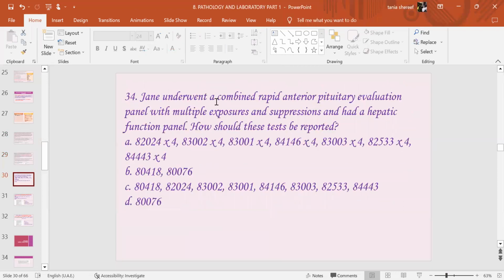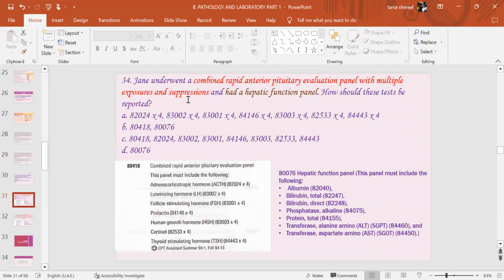Now, Jane underwent a combined rapid anterior pituitary evaluation panel with multiple evocative and suppression and had a hepatic function panel. How should these tests be reported? So if we check A as well as C, we can see so many codes. So first thing we have to check is whether there are any panels.